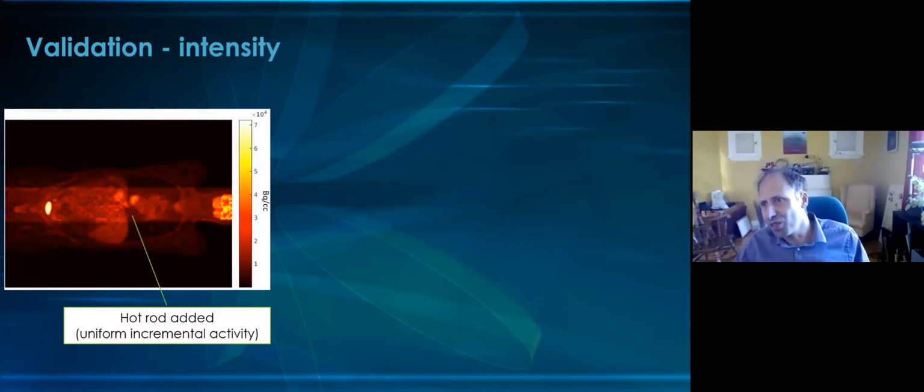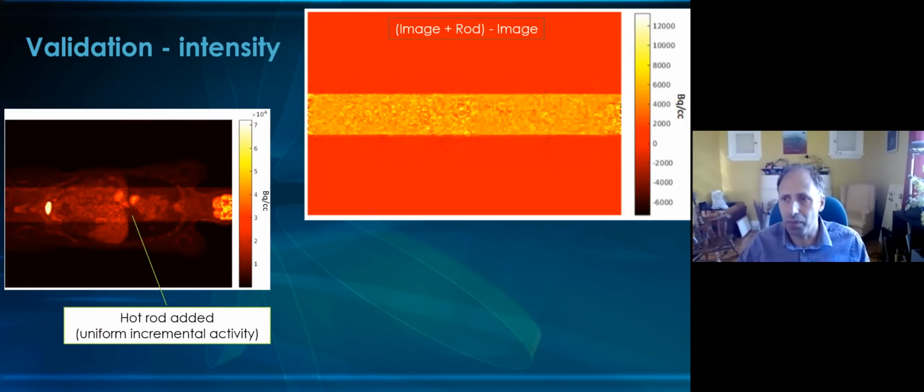So, how did we validate some of this? I won't get into all of it, but here's something very simple that somebody can do on their own. You can create a very large lesion. In this case, we created what we call the hot rod right through the center of a patient. Then you can sample that image after you reconstructed the original image from it.